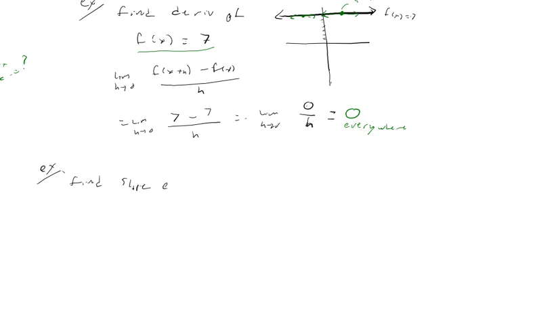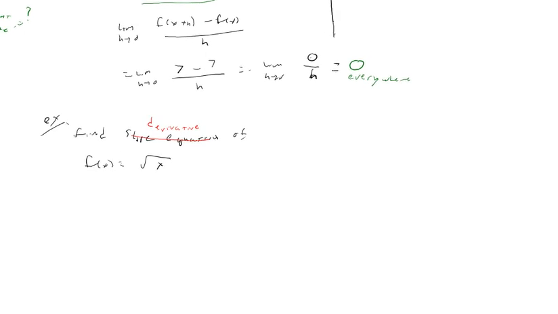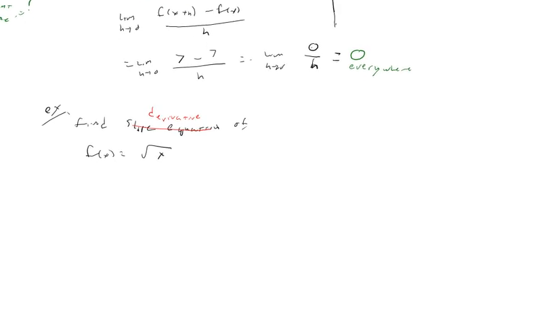Find the derivative of the equation f of x equals the square root of x. What about that one? Follow the same rules. Same rules apply. Square root of x. So how do we do this?